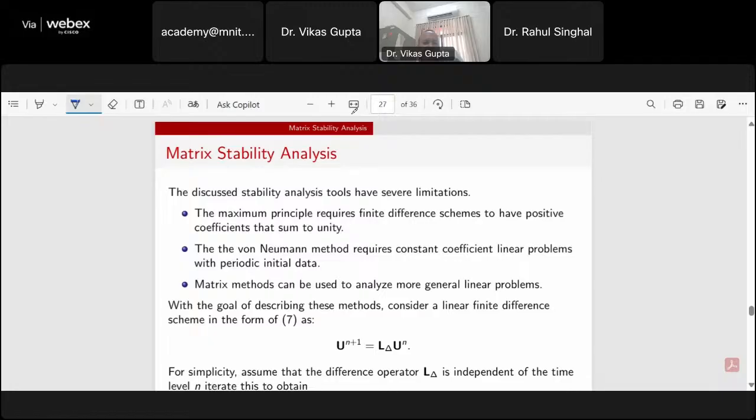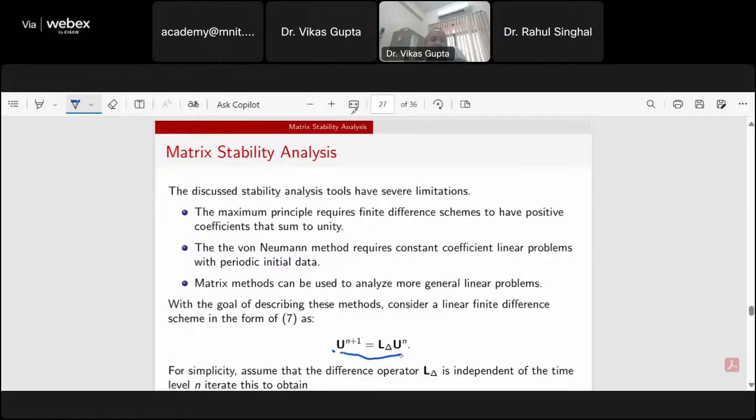This matrix stability analysis method can be used to analyze more general linear problems. In fact, for variable coefficient problems, the matrix analysis method can be used. So, with the goal of describing the matrix analysis method, we consider a finite difference scheme of this form, which I already wrote in equation number 7, u^(n+1) equal to L_delta u^n.